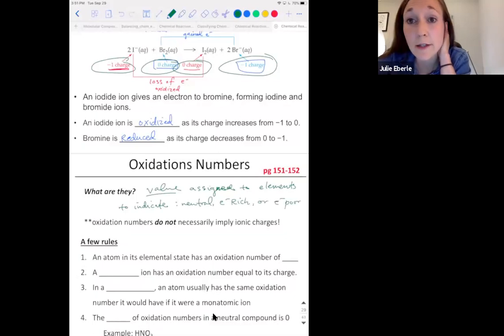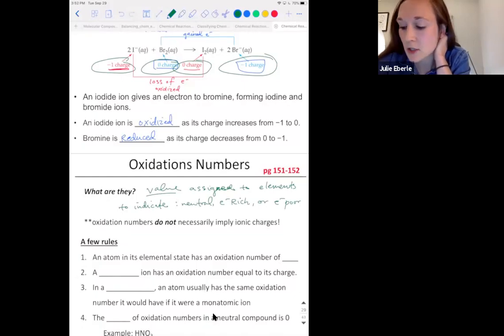If something is electron rich, has a lot of electrons, it probably has a negative charge. If something is electron poor, it's given away electrons, it most likely has a positive charge, but not always.